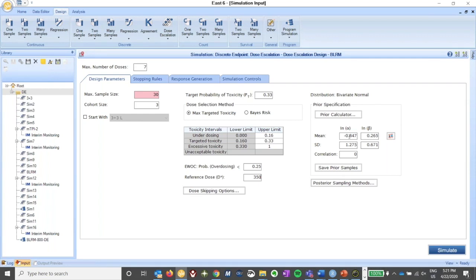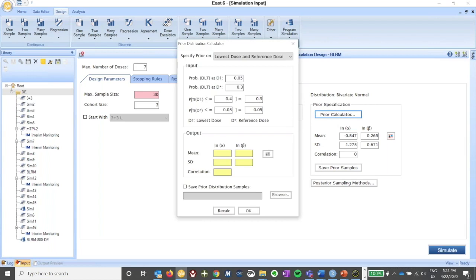Because if you view it plainly as a prior distribution on log alpha and log beta, this is not going to tell you much about the chances of a probability of DLT at any dose level. Instead, what we offer is this prior calculator, which allows you to elicit from your clinical team essentially 2 points. Because in the logit scale, this model that we're using is a straight line. So if you can determine 2 points on that straight line, then you can essentially determine the entire line.